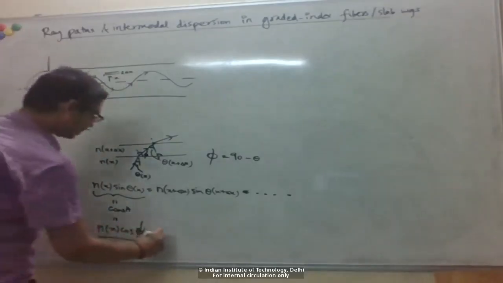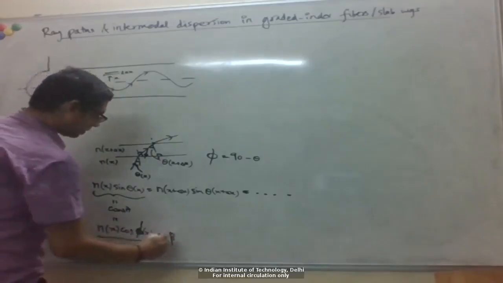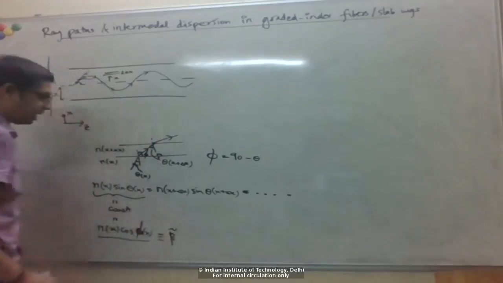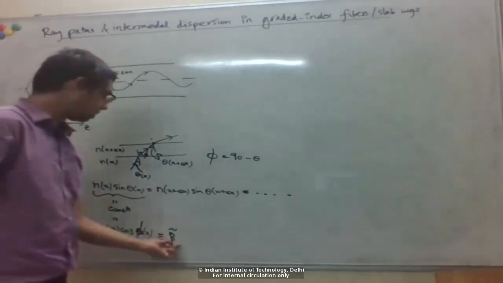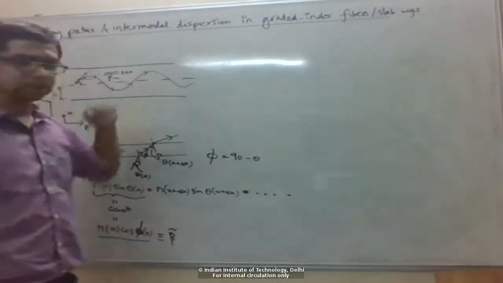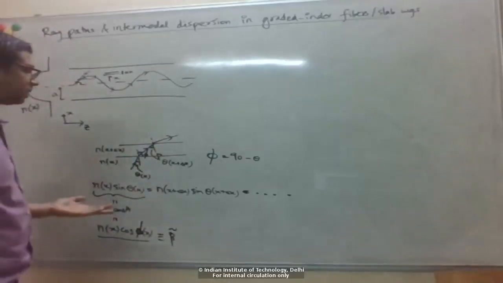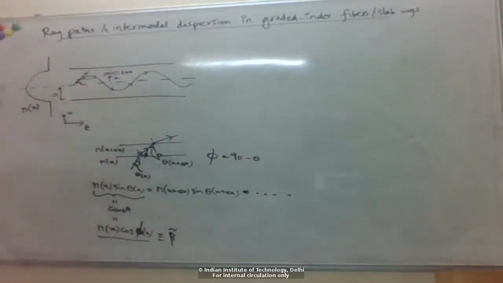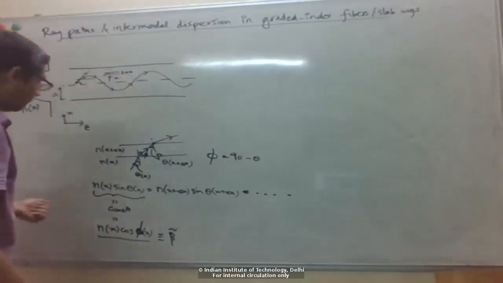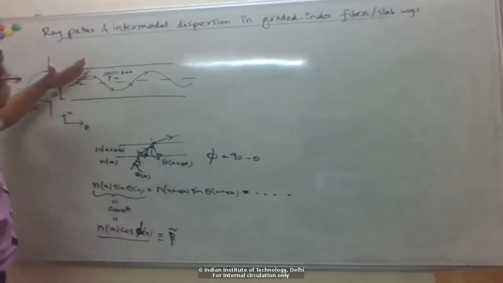Okay, so we denote this constant by beta tilde. Beta usually denotes a propagation constant, something like the k vector. We'll see that more explicitly when we solve the wave equation and do the rigorous wave analysis and solve for modes. But here you can see that this is n times cosine phi of x.